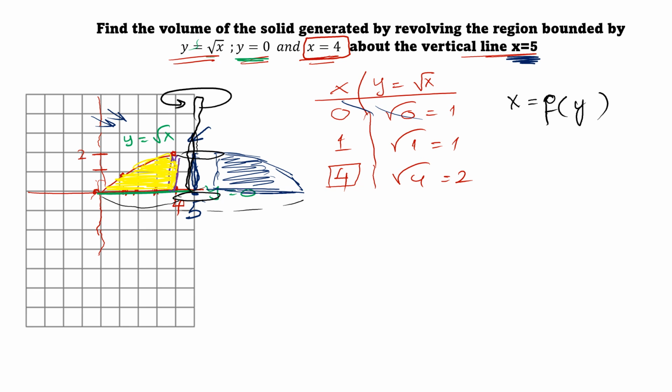So let's try to understand. The first equation, y equals square root of x, I have to write in the form of x equals something. So I will take the square on both sides. I will get x equals y squared. So this is my first equation.